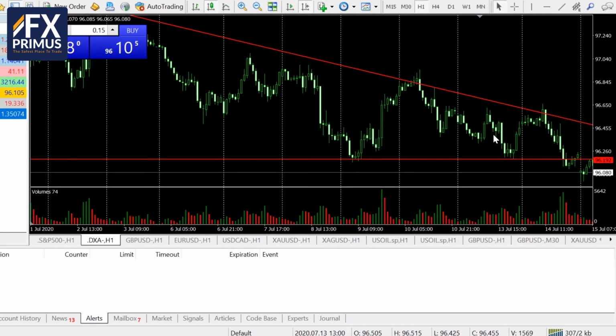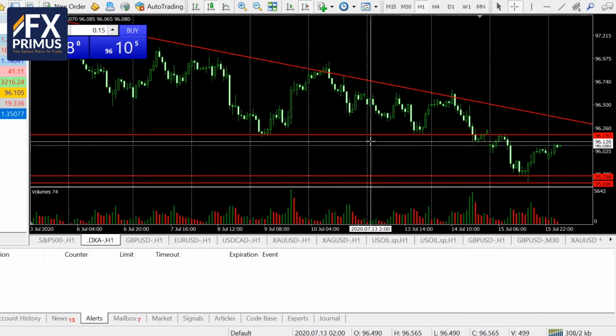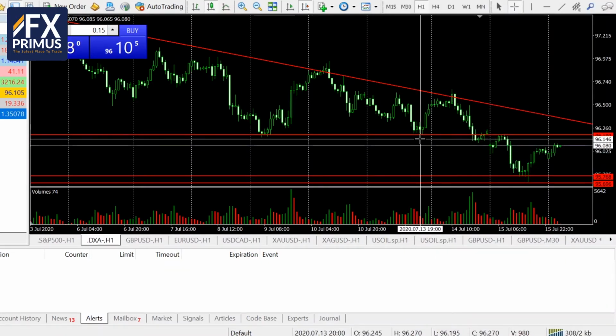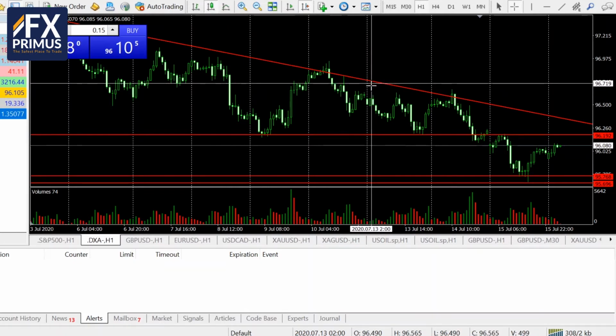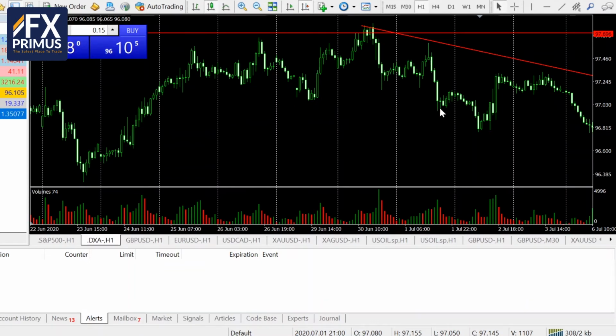And for this particular week, ever since Monday, which was over here, Monday was 13, so Monday was here. Ever since Monday, we can see the US dollar was still on a bearish trend, weakening all the way, and it has been on a bearish trend ever since it touched a high over here on 30th of June.